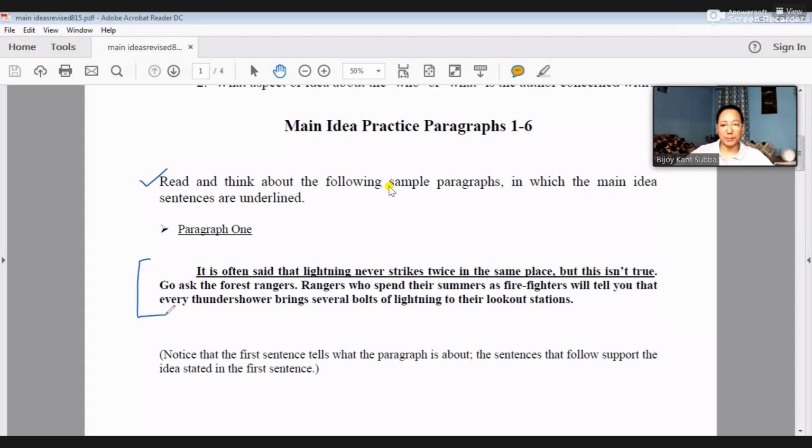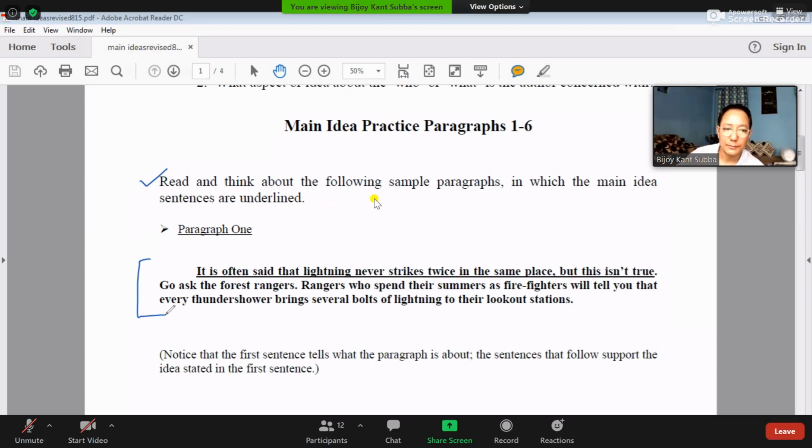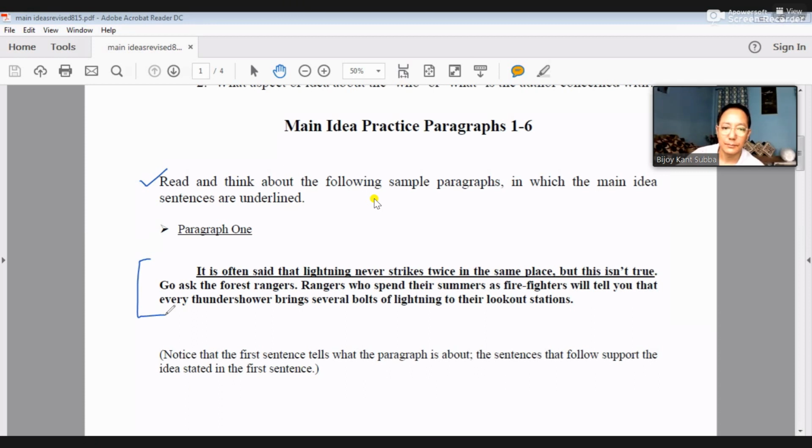So go through that paragraph. Usually the paragraphs are short. It's exactly like the one we discussed earlier about drivers and their opinion.